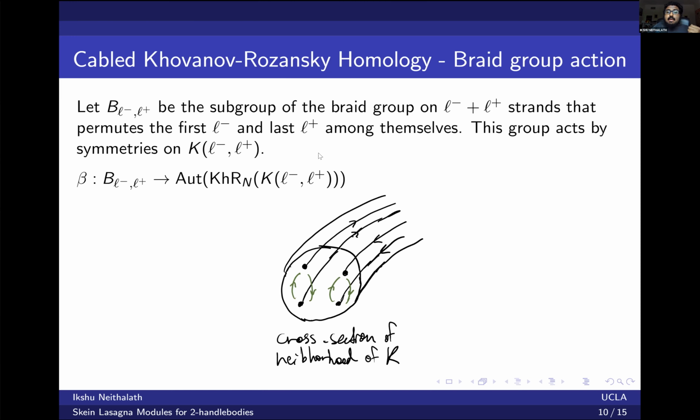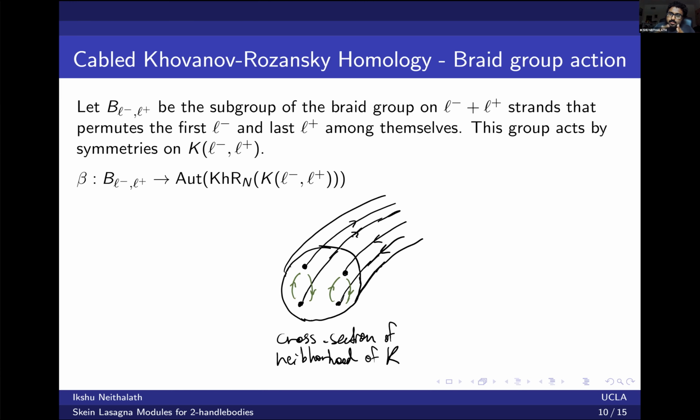And since writing this paper and having given this talk a few times, I've been informed that actually this action factors through the symmetric group. At least in the case when capital N equals 2, it's clear to me that it now factors through the product of the 2 symmetric groups, S_{L minus} times S_{L plus}. This follows from work of Grigsby, Licata, Wehrli. They show that this is actually the case.